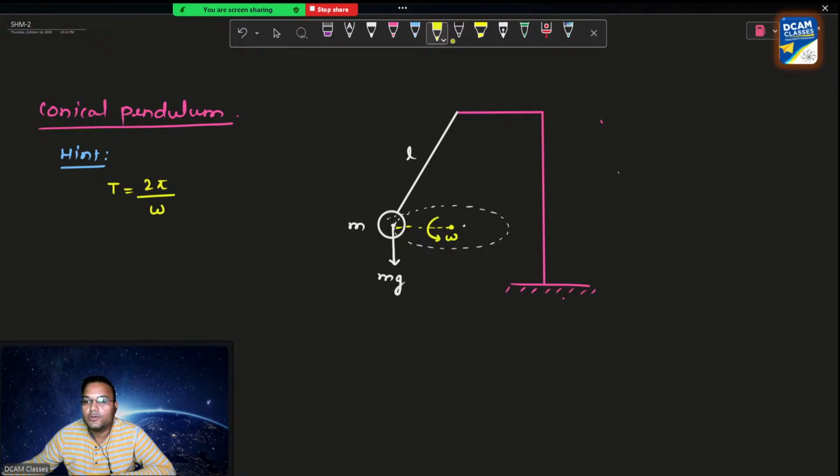You can use the concept of equilibrium and the circular motion equation to find omega. Assume that it is making an angle of theta with the vertical. Just think and tell me whether you can do it or not.